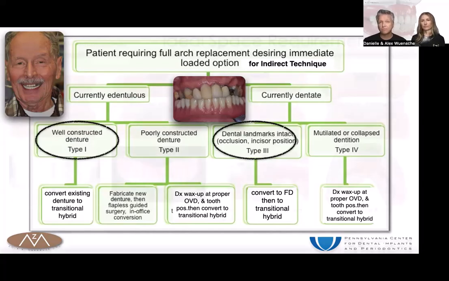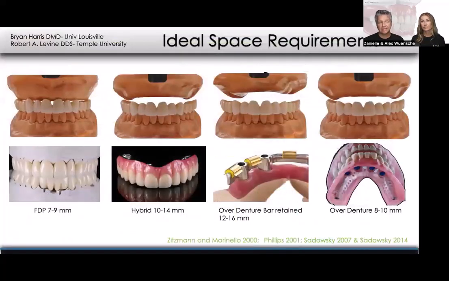Why is this so good? Because the implants will heal faster. We can shorten the whole time until we can start with the final reconstruction, and patients just like it. They like it more than having a denture. I'm not a big fan of just a denture over healing abutments. Why? Because when the denture starts pushing unbalanced on healing caps, on healing abutments, on freshly placed implants, we can actually lose implants.